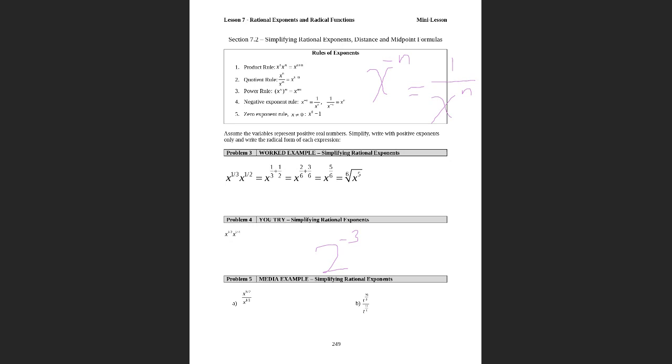So, if you look at this problem here, 2 to the power negative 3, that gives me 1 over 2 to the power 3. What is 2 to the power 3? 8. 2 times 2 is 4, times 2 is 8. So that gives me 1 over 8.